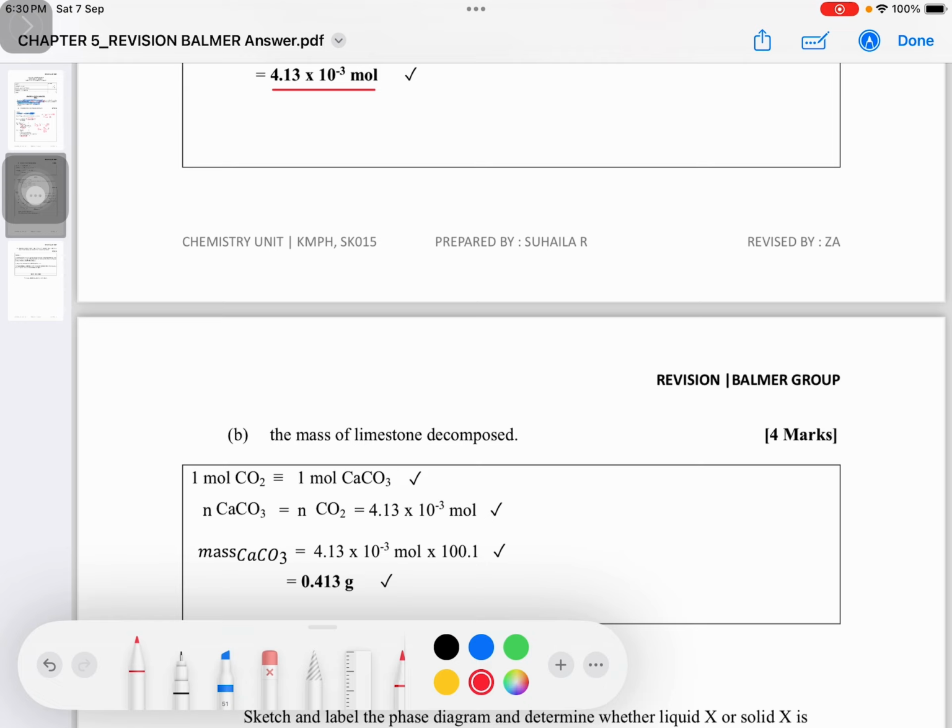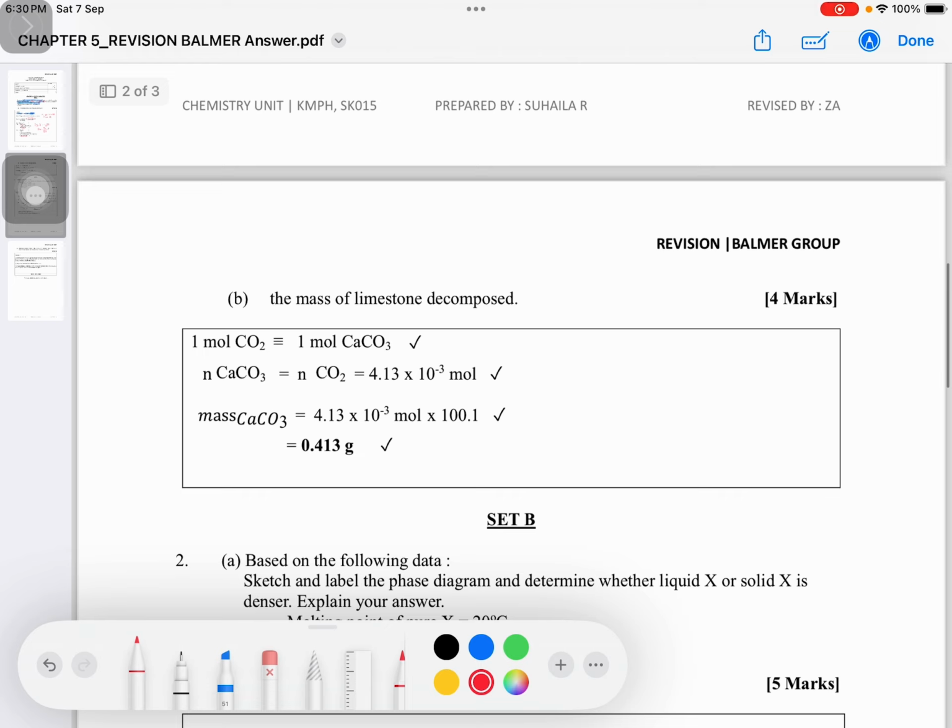The mass of calcium carbonate is 4.13 times 10 to the negative 3 times 100.1. 100.1 is the molar mass of calcium carbonate, which is 40 plus 12 plus 3 times 16. So the mass of calcium carbonate is 0.413 grams.